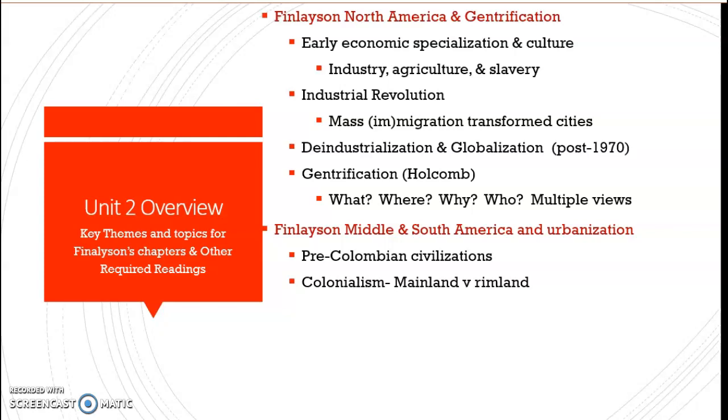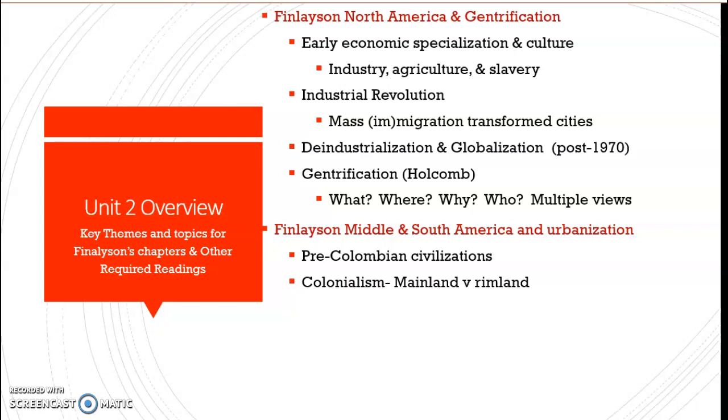And colonialism, again, another complex issue. And in this case, we're going to look at how the mainland evolved relative to the rimland. The mainland being the areas of Middle and South America that are on the continents, and the rimland pertaining heavily to the Caribbean.